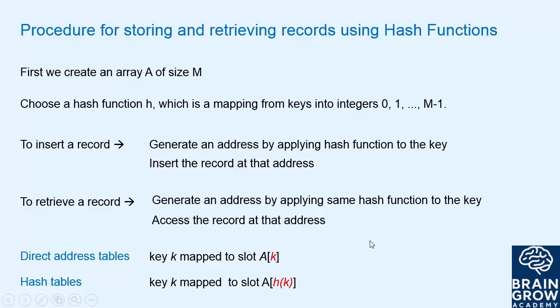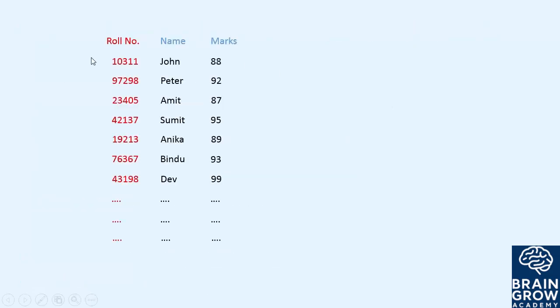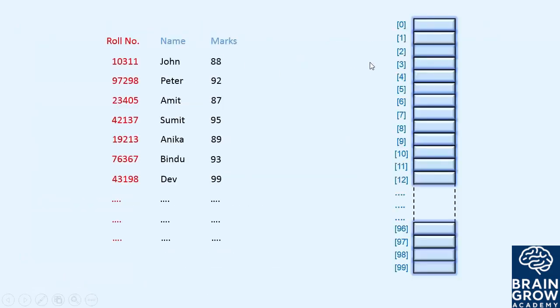Now let's go back to our example of student records. Here first we create a hash table of size 100. So it has slots from 0 to 99. Now we need a hash function that can map these keys to integers within the range 0 to 99.